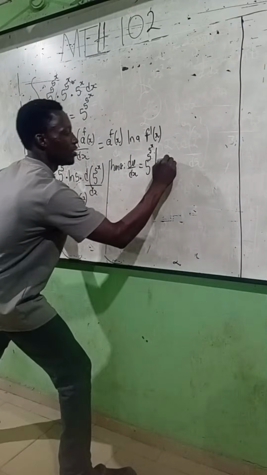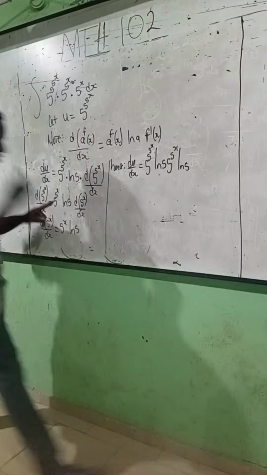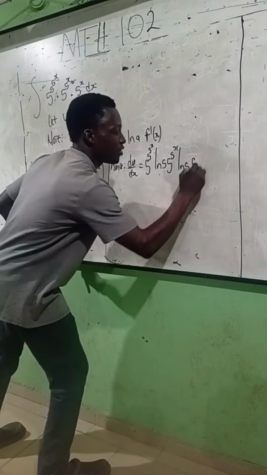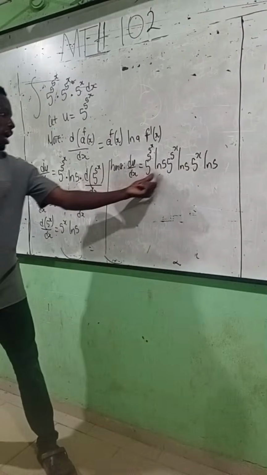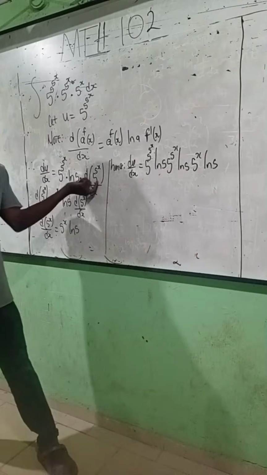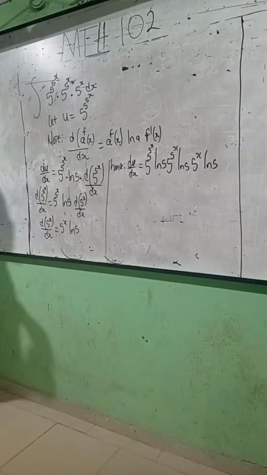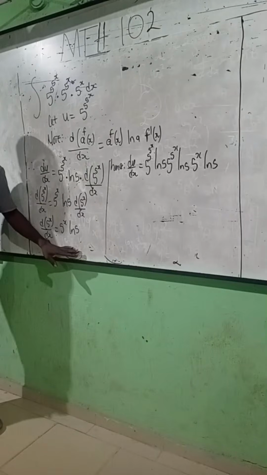It is 5 raised to the power 5 raised to the power x, ln 5. And the derivative of this is 5 raised to the power x, ln 5. All this one is the derivative of this. Do we get it to this point?